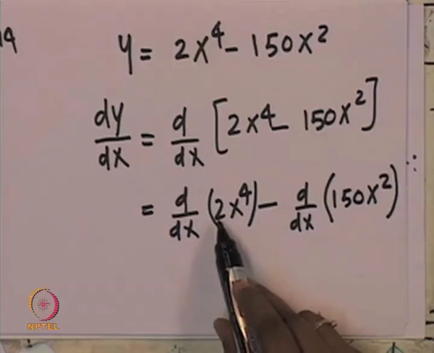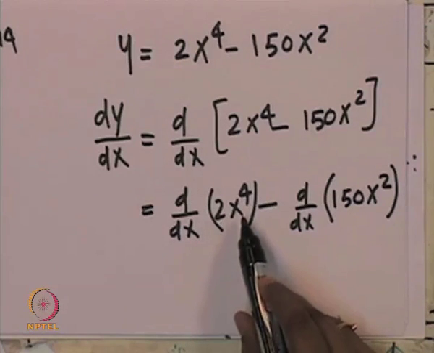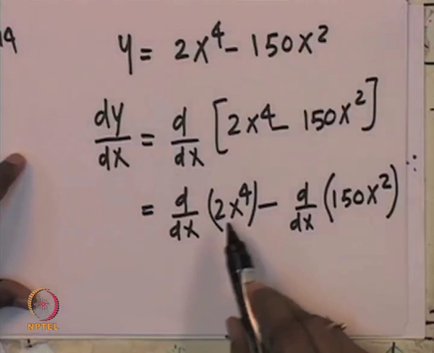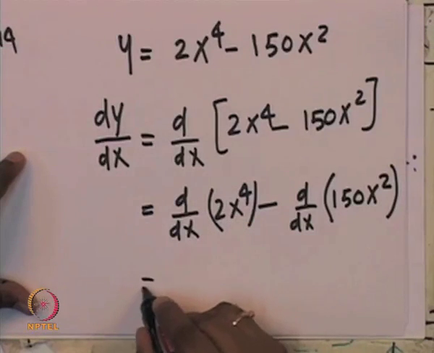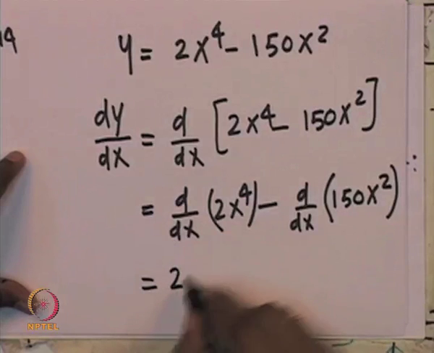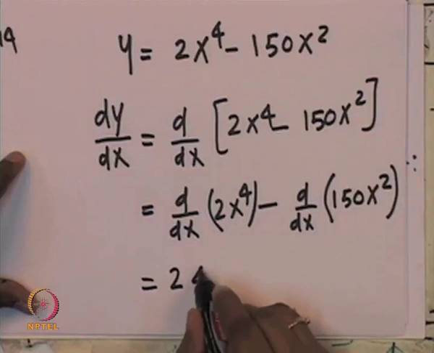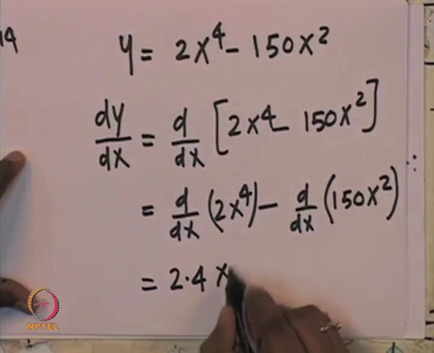2 is a constant, we can take it outside. Then what is left is just the derivative of x power 4. The derivative of x power n is n x power n minus 1. So, the derivative of x power 4 is 4 x cube, so 2 into 4 x cube.